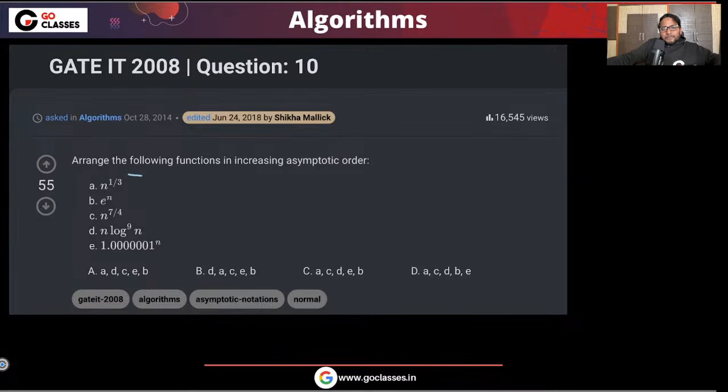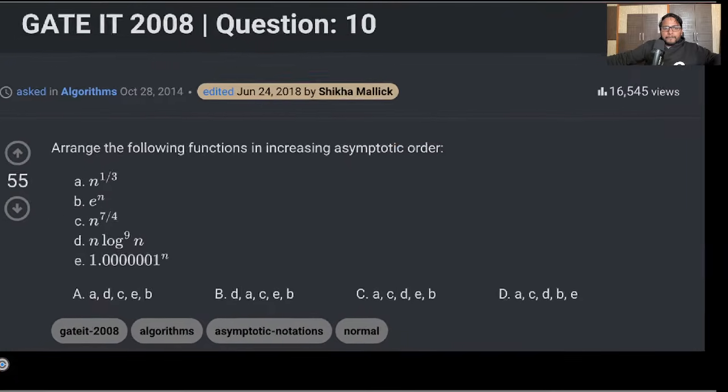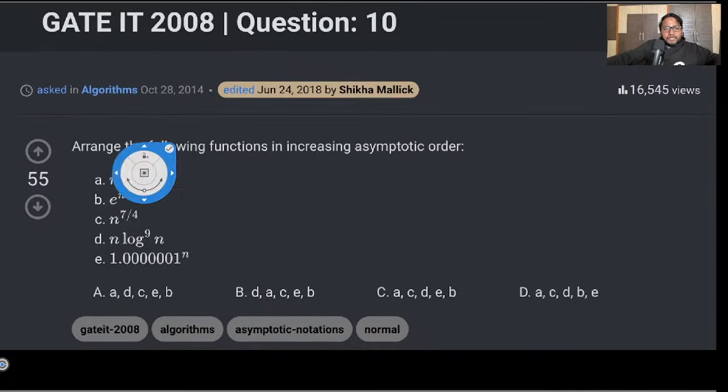Now, can you arrange them in increasing order of asymptotic growth? If you notice, option E is an increasing function. If it were a decreasing function, it would be the lowest one, but just because it is increasing, it might play some role.